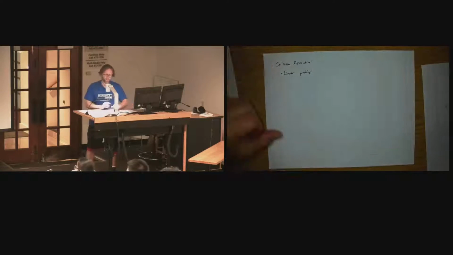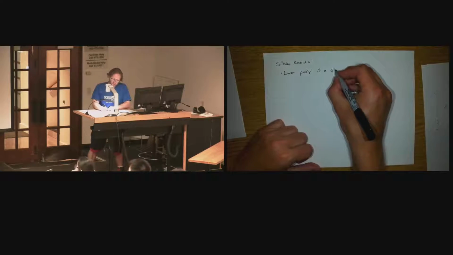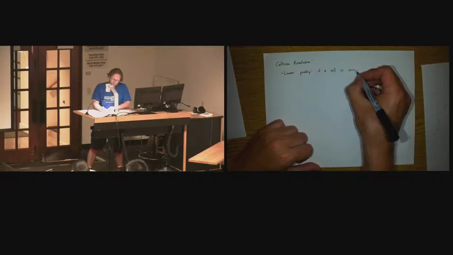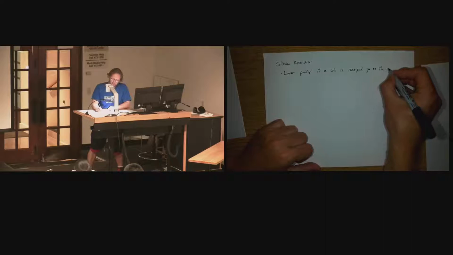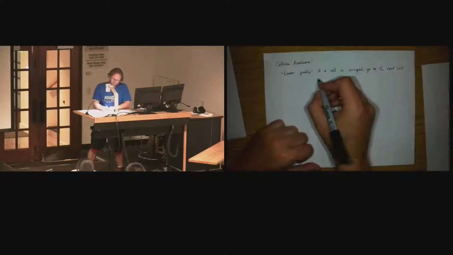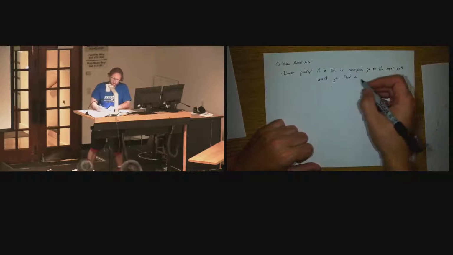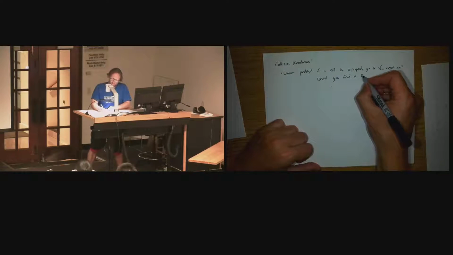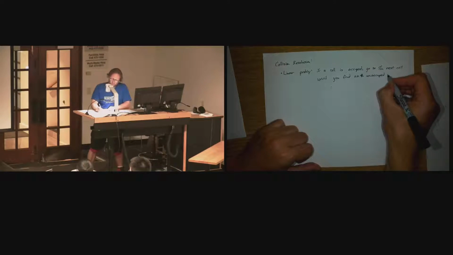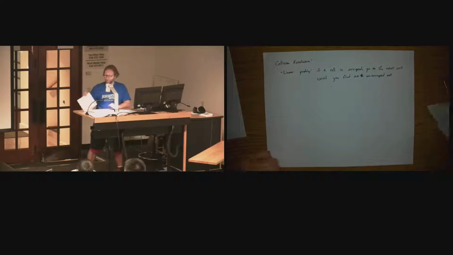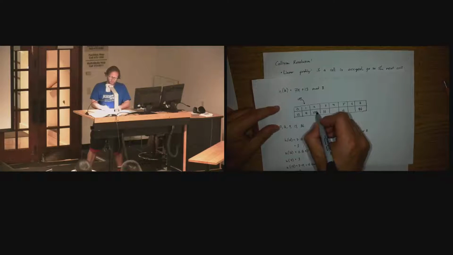So if a cell is occupied, go to the next cell until you find a free, unoccupied one. All right. Well, for this solution, okay, well, that's full. Go on to the next one, 100.